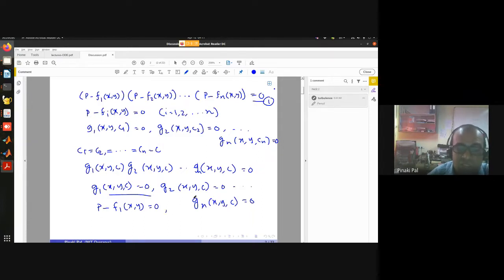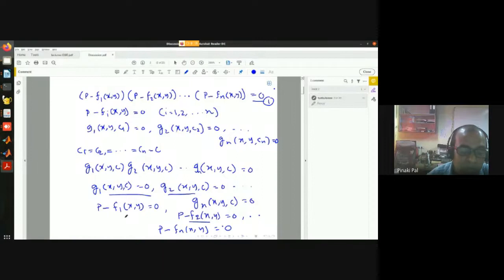If we do the same exercise for other functions, we will get p minus f2(x, y) equal to 0, because this is a solution of this differential equation, so on, p minus fn(x, y) equal to 0. So all these algebraic equations are satisfying this differential equation.